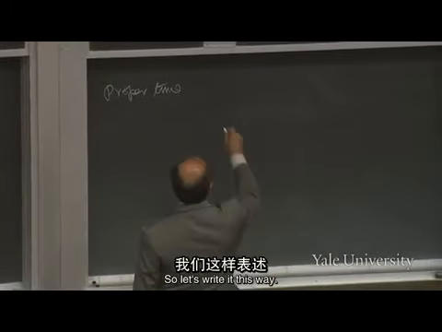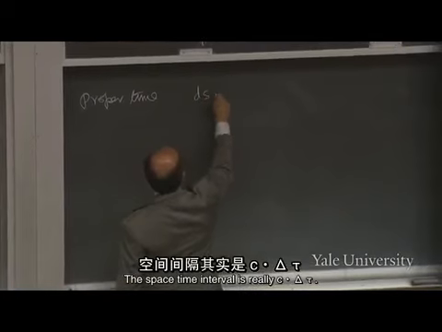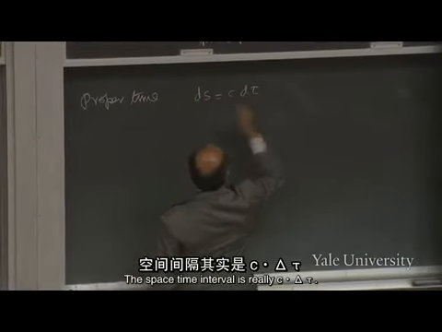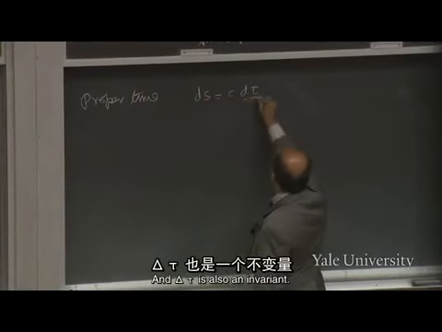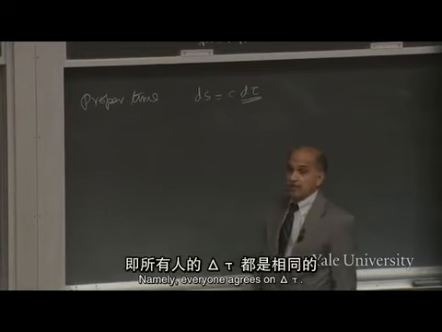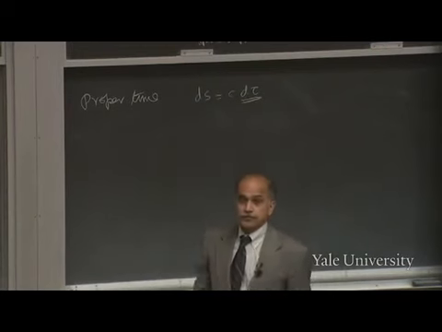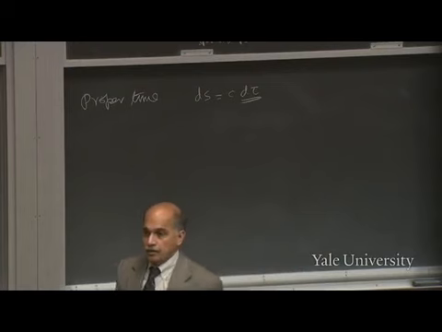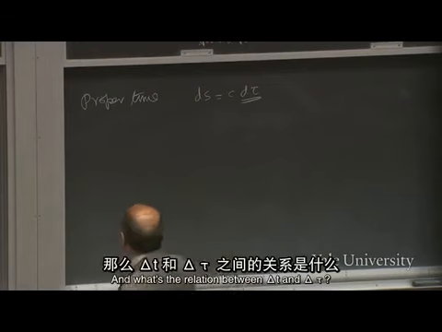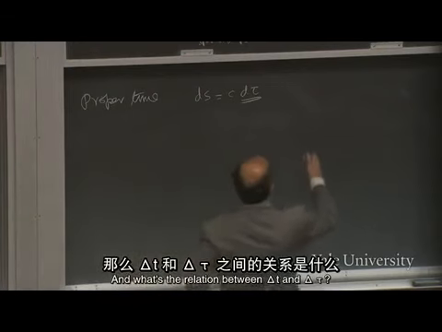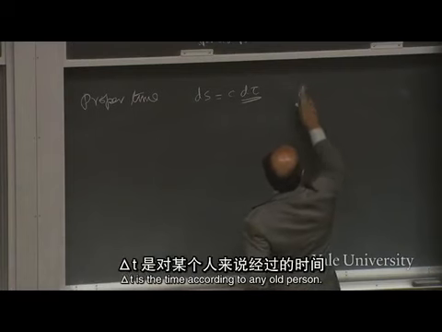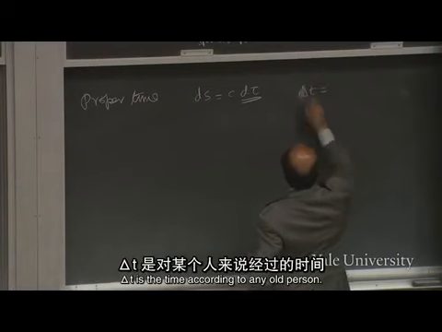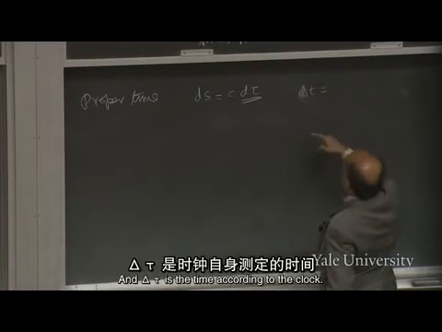So let's write it this way. The space-time interval is really c times delta tau. And delta tau is also an invariant. Namely, everyone agrees on delta tau. And what's the relation between delta t and delta tau? Delta t is the time according to any old person, and delta tau is the time according to the clock.